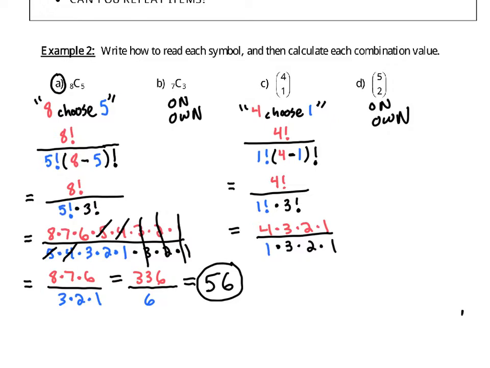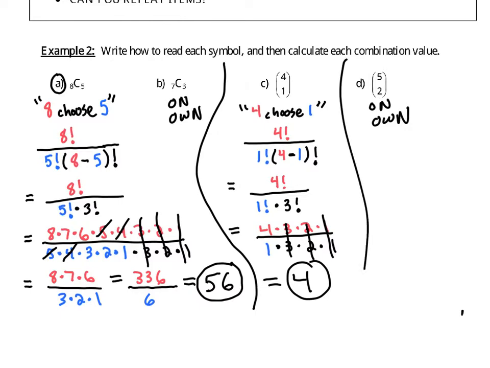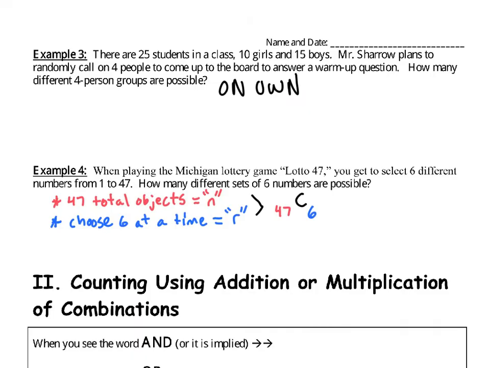Notice in this particular case, I have 1s, 2s, and 3s that will cancel out, so my final answer is 4 divided by 1, or 4. Those were separate answers. So please try example 2B and D on your own and have those ready to check for tomorrow.